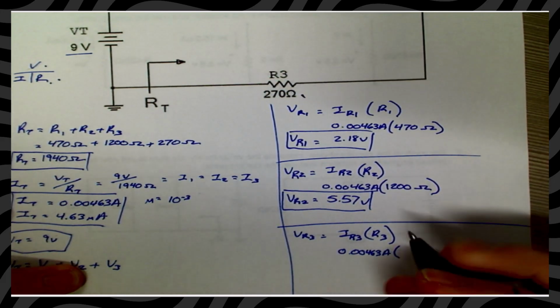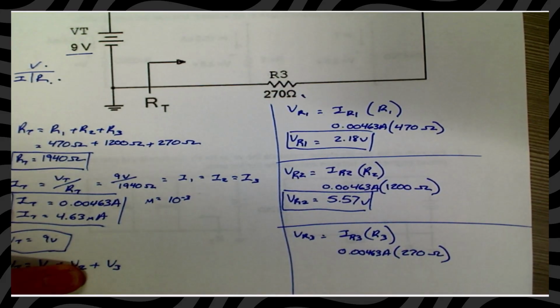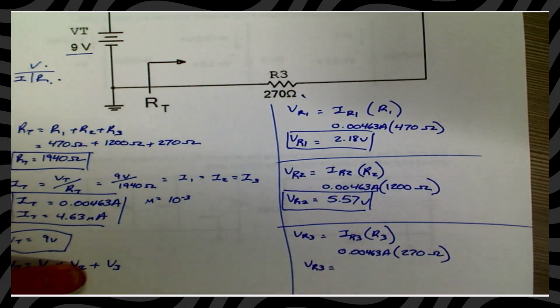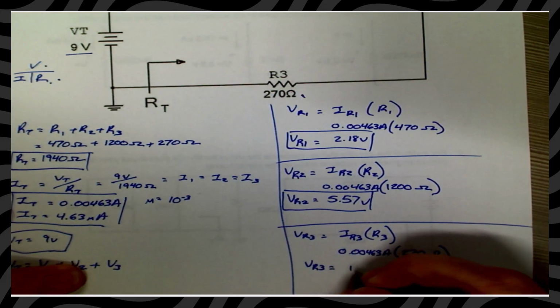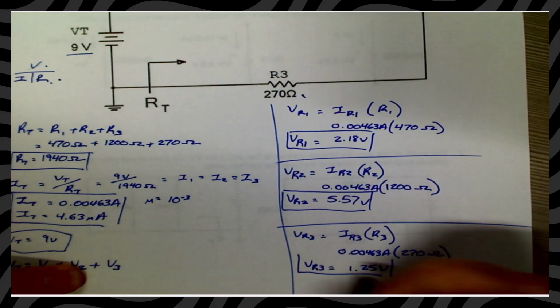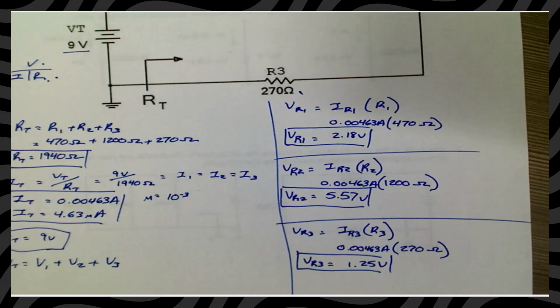Which then gives us a voltage at resistor 3 of 1.25 volts when we multiply those together. Okay, so now we've got our voltage at each one.